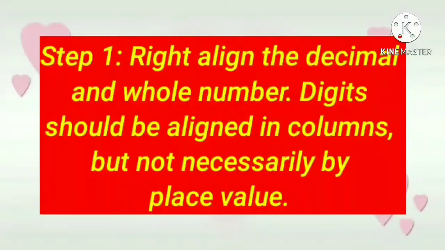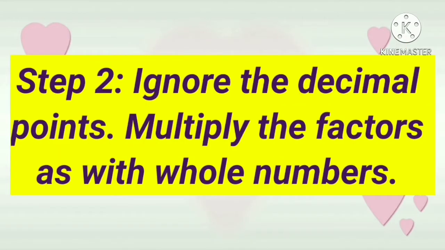Before we answer that word problem, let us know first how to multiply decimals and mixed decimals with factors up to 2 decimal places. And here are the steps. Step 1. Right-align the decimal and whole number. Digits should be aligned in columns but not necessarily by place value. Step 2.